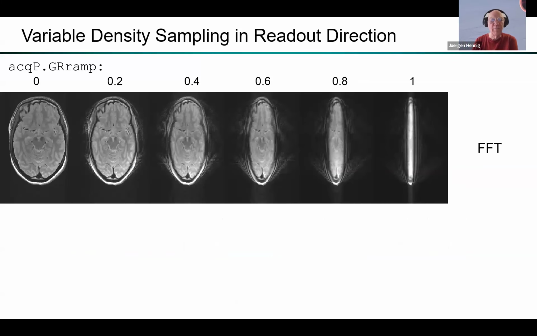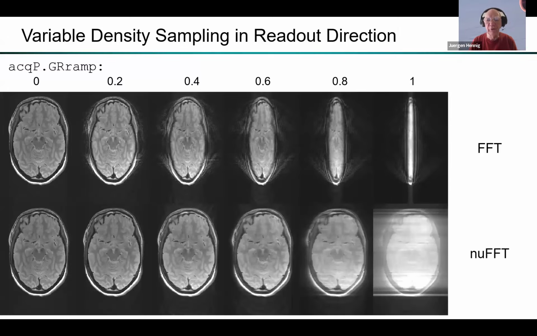If you do just a simple Fourier transform on this data, then the images will look very strange. They will basically be compressed and also get some artifacts. But if you do a non-uniform Fourier transform, you get the image information back, but just as with weighted average in the phase encoding direction, you will also get some blurring.